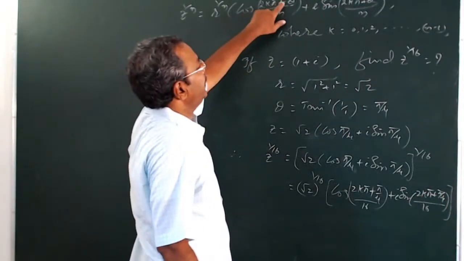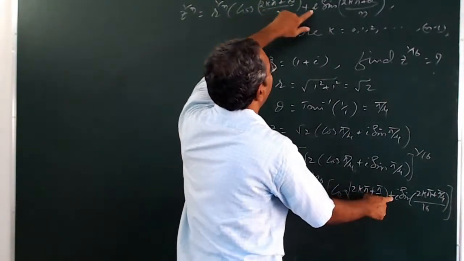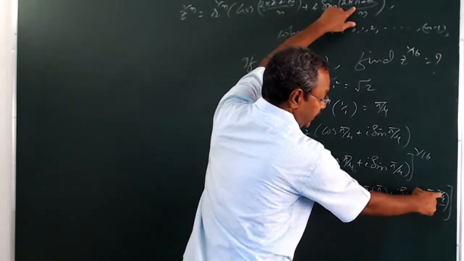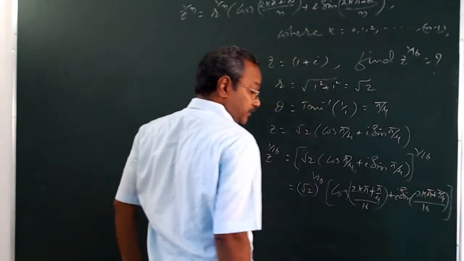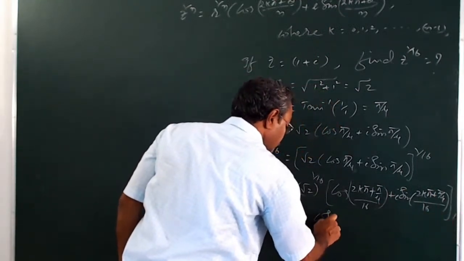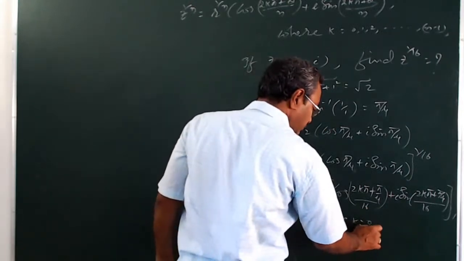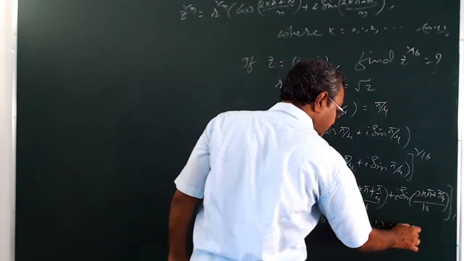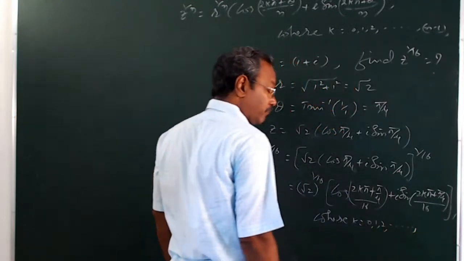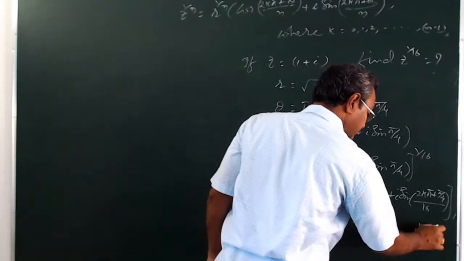Cos 2k pi plus theta by n, which is 16, plus i sin 2k pi plus theta divided by n, which is 16, where k starts from 0, 1, 2, 3, etc., up to n minus 1. What is our n? 16. n minus 1 is 15.